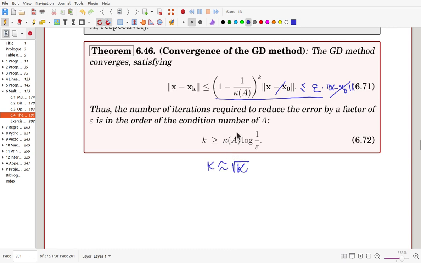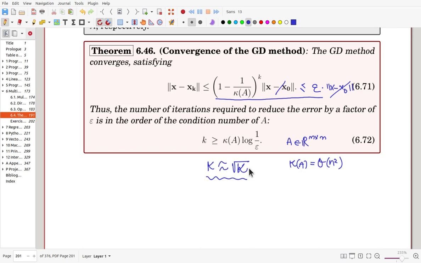Usually, the condition number is larger than or equal to 1, but in most cases, once A is in R n times n, the condition number of A is, in many cases, of order n squared. So that's the reason this one is large, but for the conjugate gradient method, it's way faster.